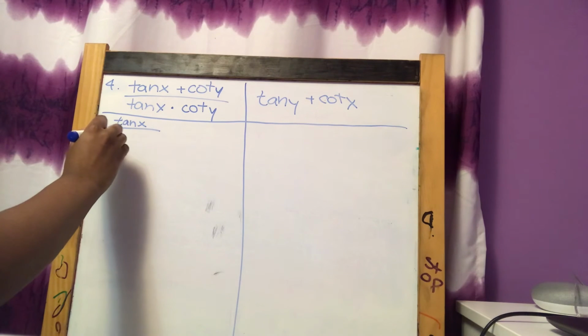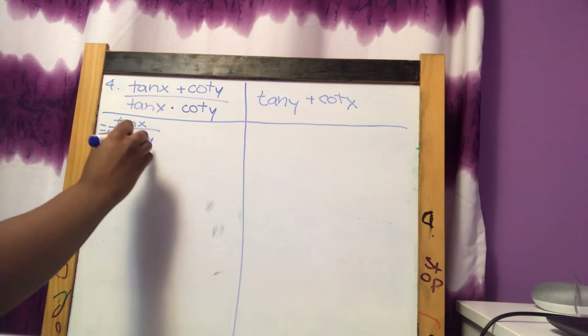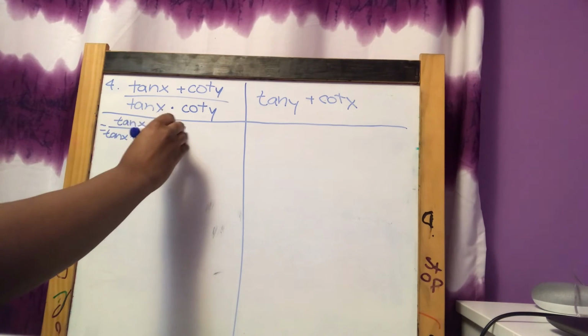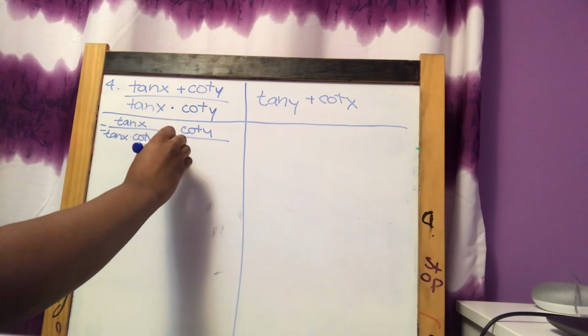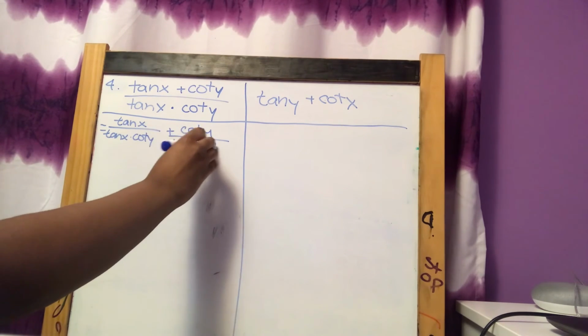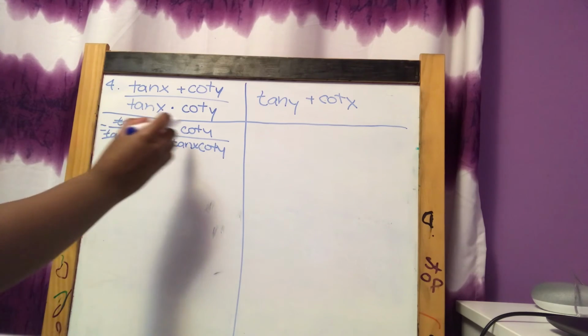So I did tan x over tan x times cotangent y, plus cotangent y over tan x times cotangent y, because I wanted to already separate them so that when they end up in the end, they'll be in the right sections, if that makes any sense.